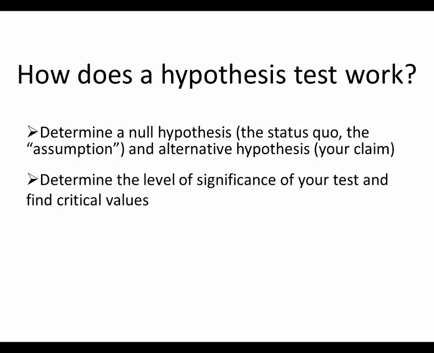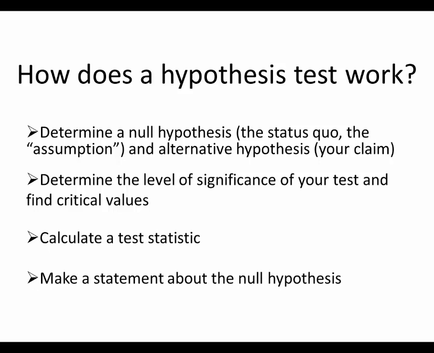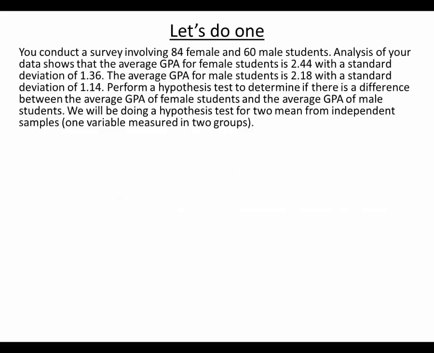That helps us find the critical values, and that helps us determine the rejection region. And then we're going to calculate a test statistic as we have before, and then make some statement about the null hypothesis. Do we reject the null, or do we fail to reject the null? And then some interpretation of what that means.